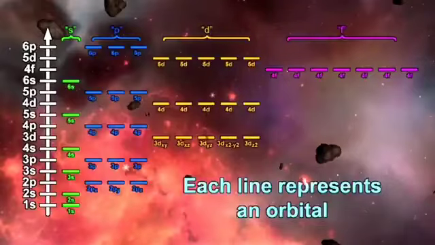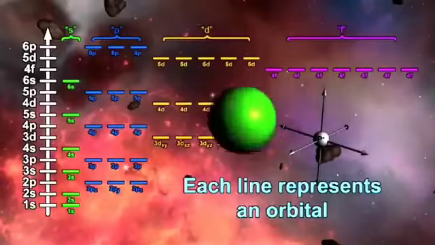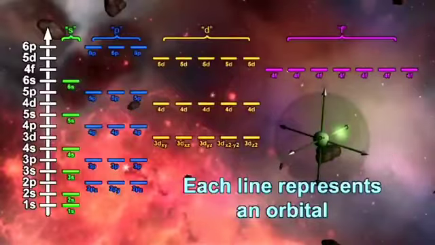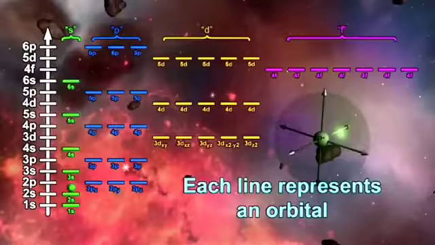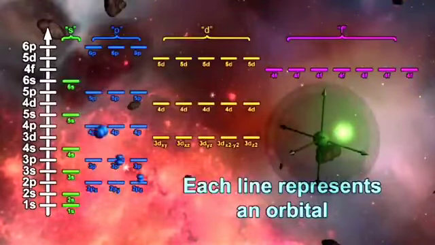Although this diagram may look complicated, remember that each line abstractly represents an orbital, and that all of these orbitals overlap on the same atom. Here you can see that a 1s orbital is the first orbital that the electrons will reside in. Then the 2s orbital is on top of that.